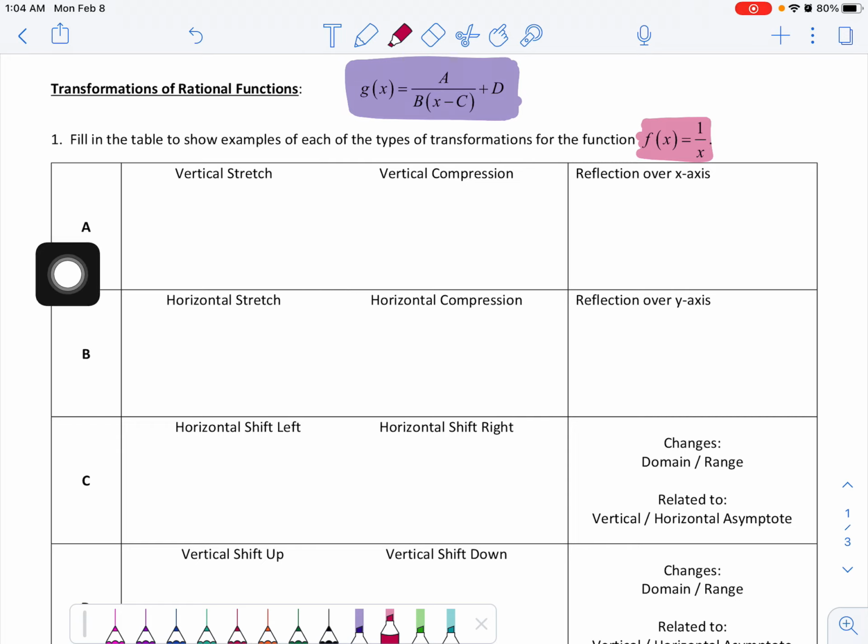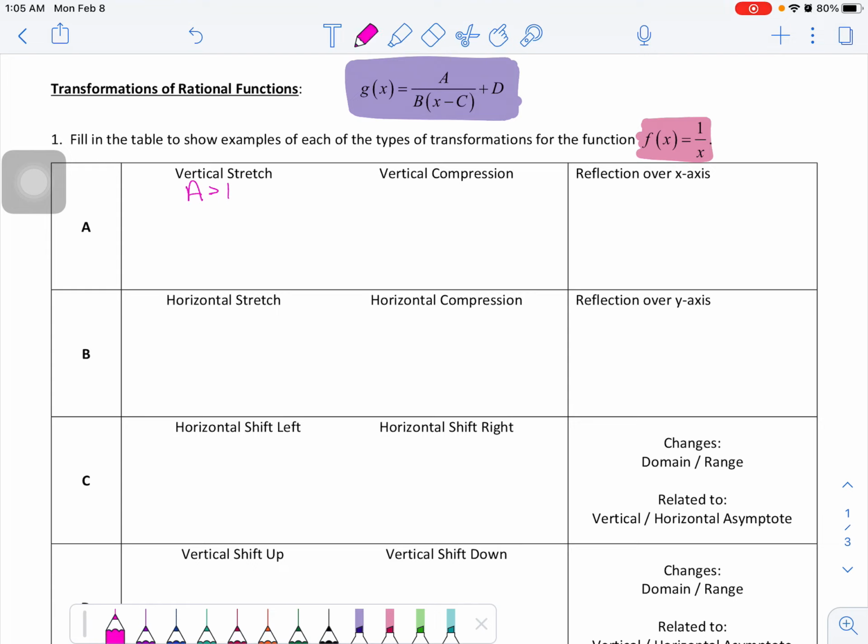So if we want to change the A value, those are going to be your vertical stretches, your vertical compression, and reflecting over the x-axis. So vertical stretch, we're going to pick any value of A that is greater than 1. Doesn't matter what it is, decimals, fractions, anything, whole number greater than 1.